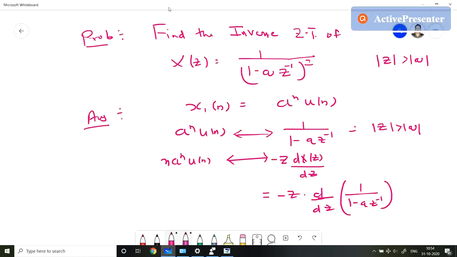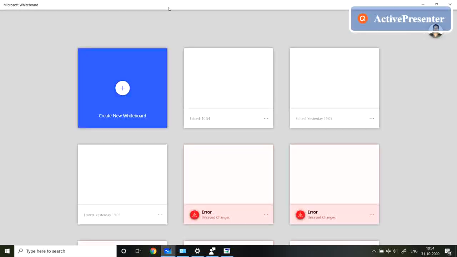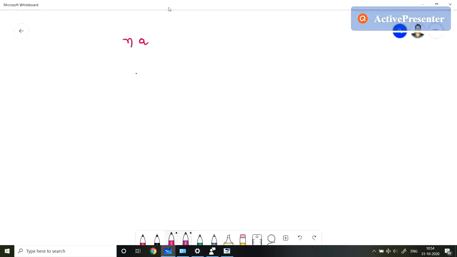Now we can solve this. After performing the differentiation, the Z transform of n a raised to the power n u[n] is a z inverse divided by (1 minus a z inverse) whole square.